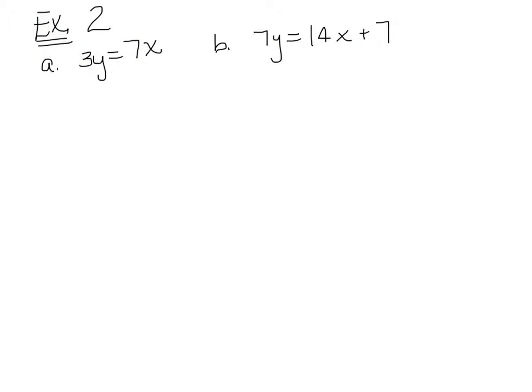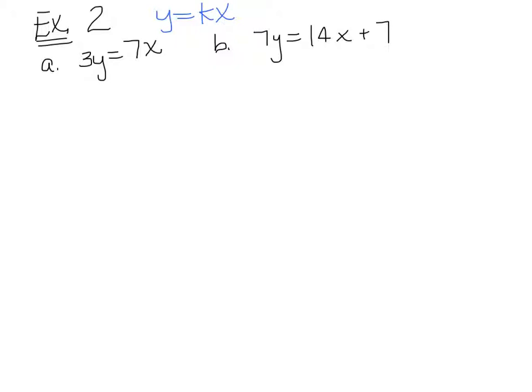Okay, let's look at these two examples. We're identifying from equations because what we've done is identified from tables. And when there's an equation form, you want to see if you can get it into y equals kx. You've got to remember it has to be in that form, or x equals ky, doesn't matter.